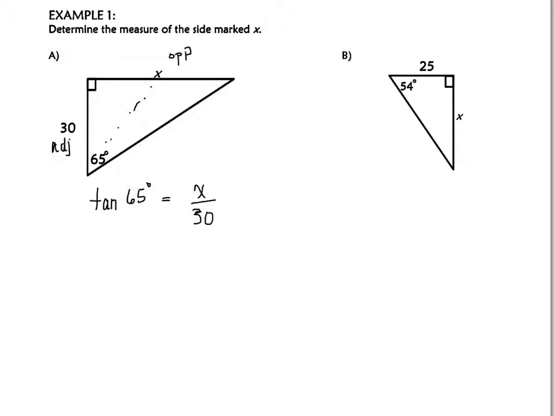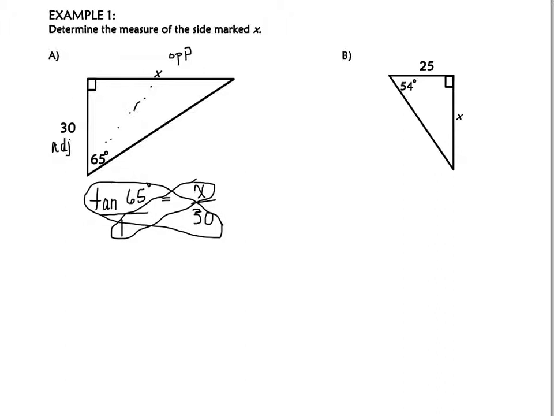Now, this time we have the angle, so what we're going to do here is consider this as tan of 65 over 1 equals x over 30, and then we can cross multiply because you have a single fraction equal to a single fraction. So basically you can cross multiply and get a resulting true equation.